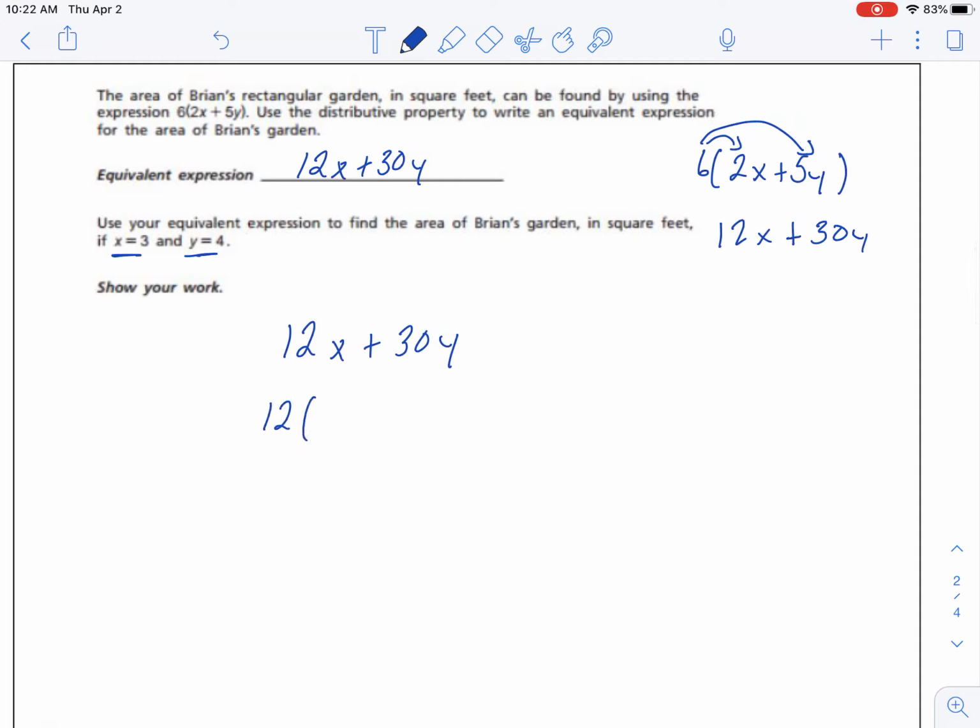So we have 12 times 3 plus 30 times 4. This gives us 36 plus 120, which is equal to 156 square units. Well, no, feet squared.